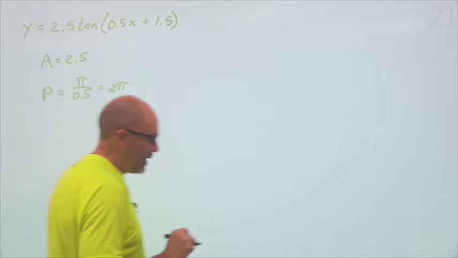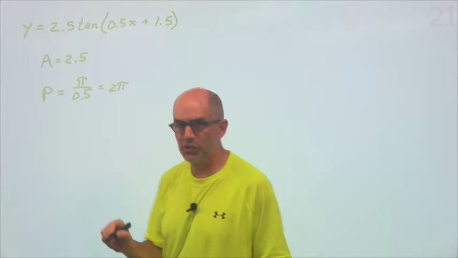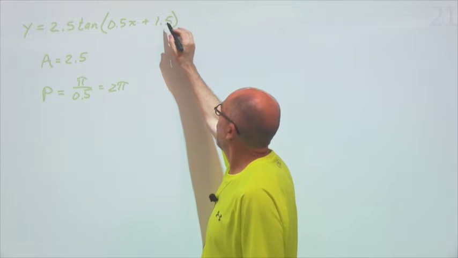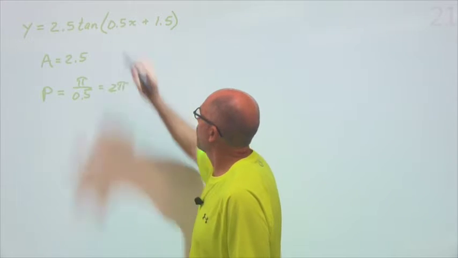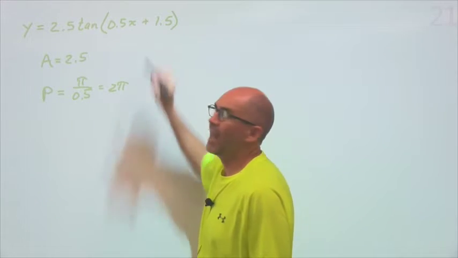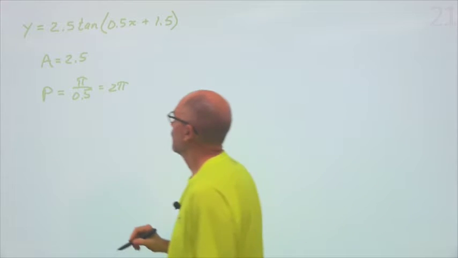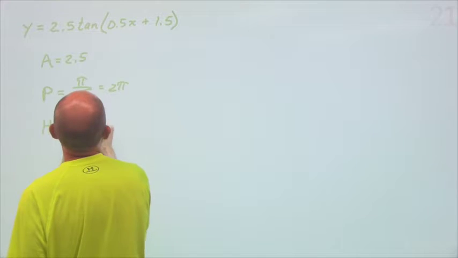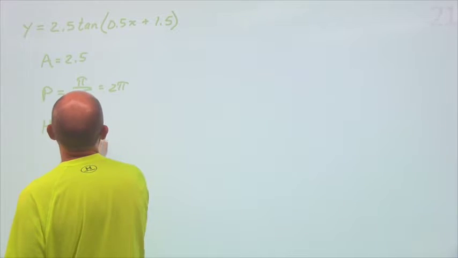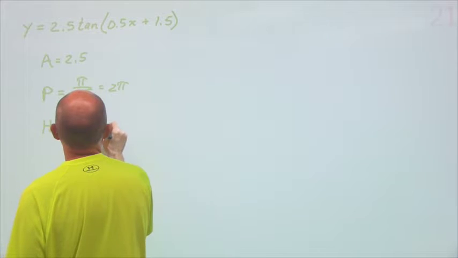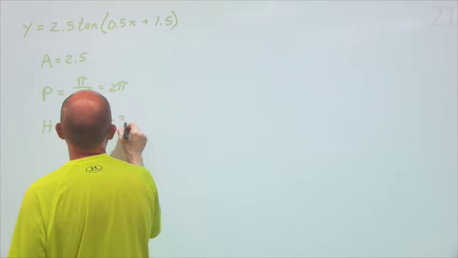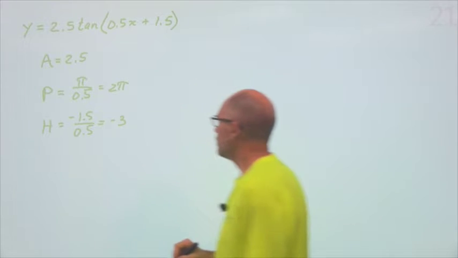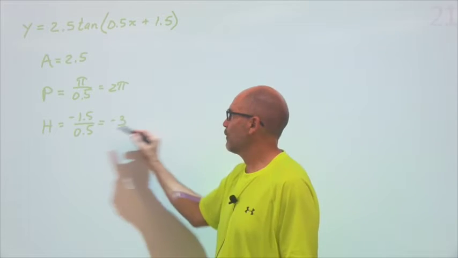And then we have a horizontal shift of 1.5 over 0.5 to the left. It's plus. So horizontal shift is going to be negative 1.5 over 0.5, which equals negative 3. 15 over 5 is 3.